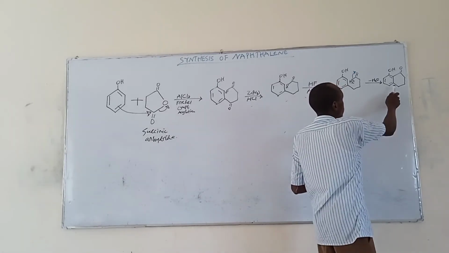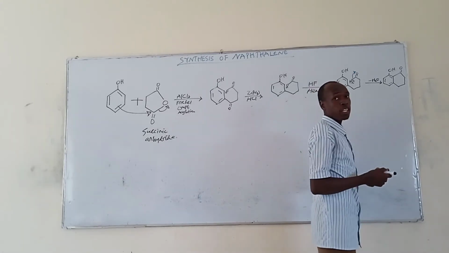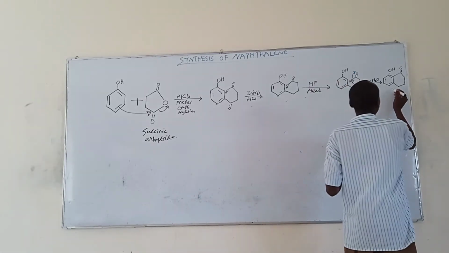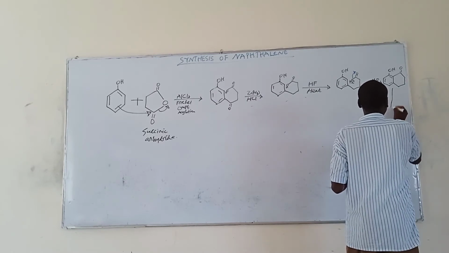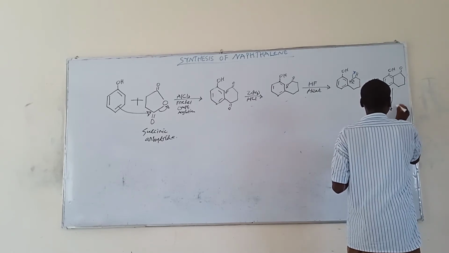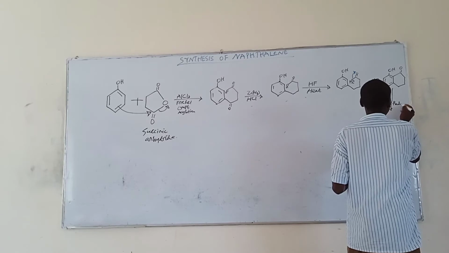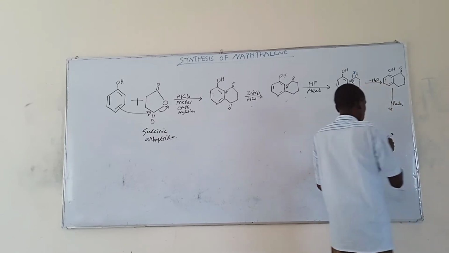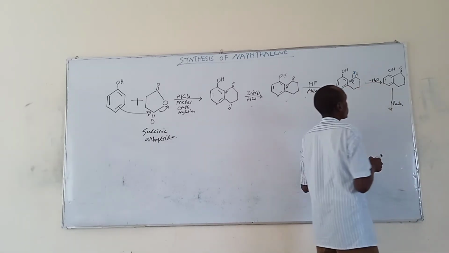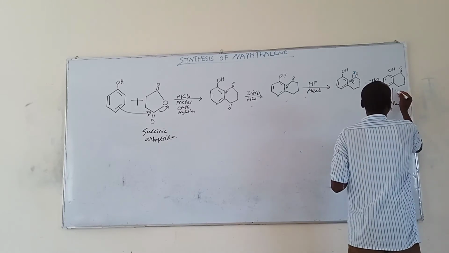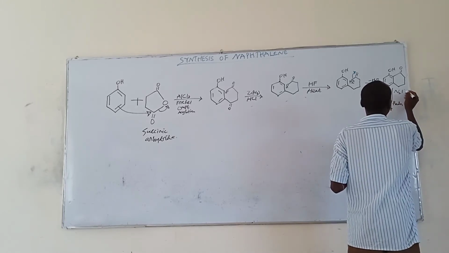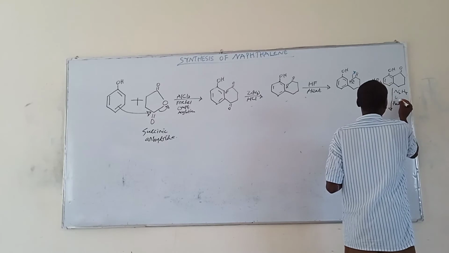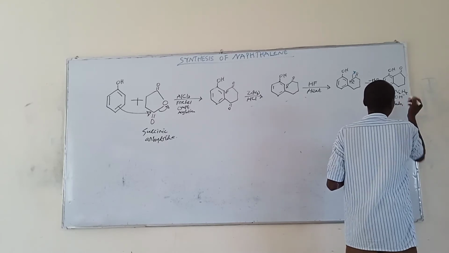After having this as our product, we are going to carry out what is called the Wolff-Kishner reduction process. The Wolff-Kishner reduction is carried out in the presence of hydrazine under basic conditions.